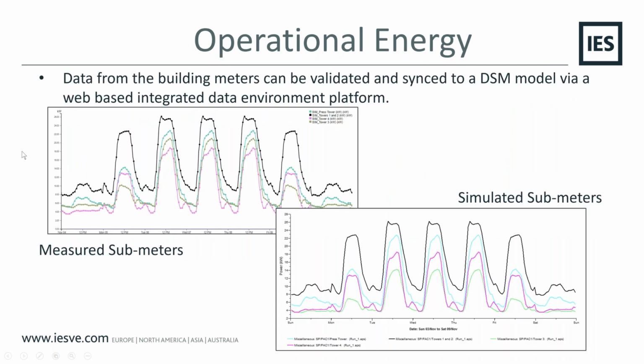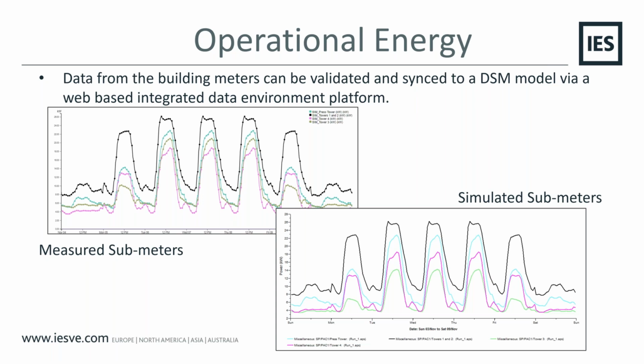If we take a quick look at the next slide here, we have measured data which we brought into our iScan platform on the top left, and that is the building submeters. We've then been able to calibrate our model in the VE model in the lower right, and ensure that we can then match the performance of our model to the real life scenario.